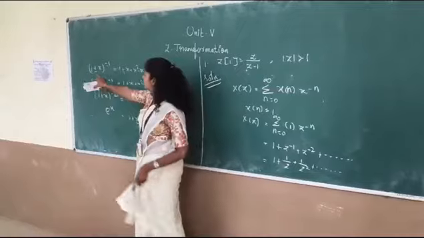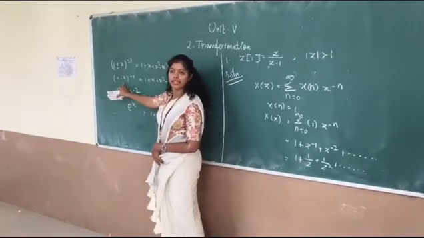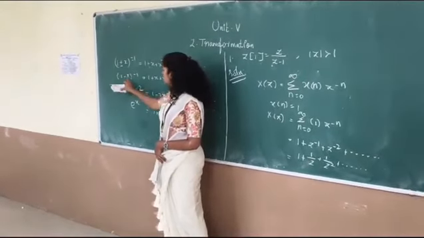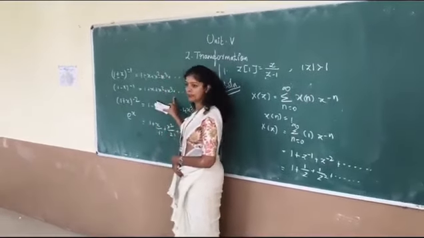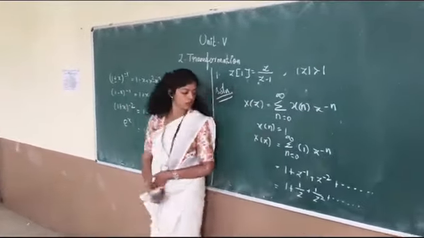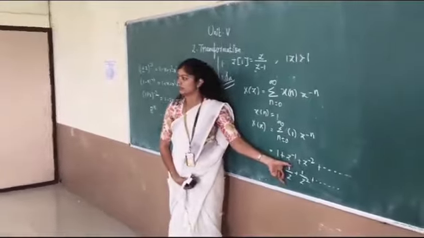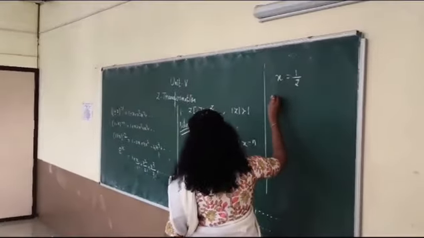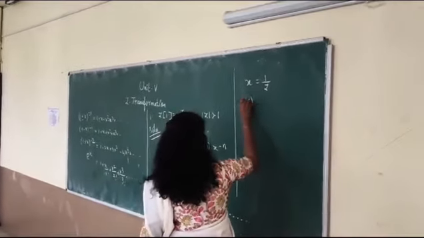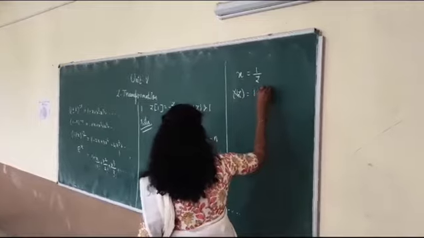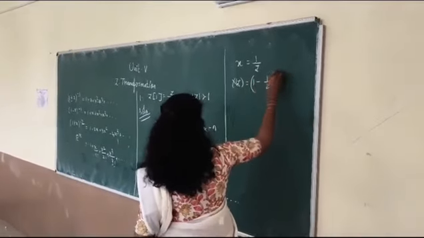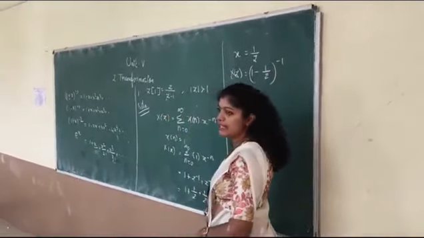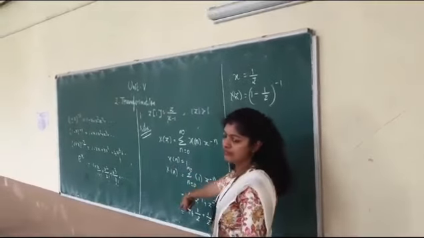Which formula can we use, the first or the second? The second formula, because all the terms are positive. Here x equal to 1 by Z. So we can write X of Z equal to 1 minus 1 by Z whole inverse.